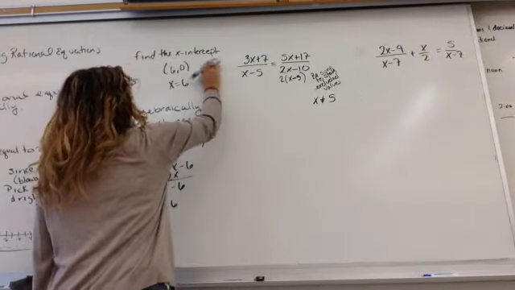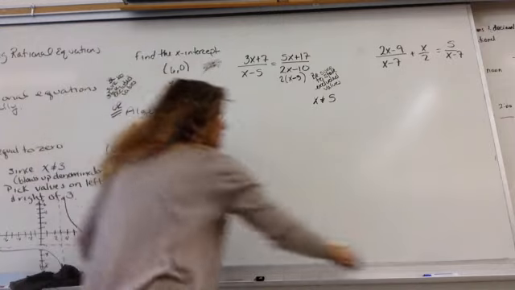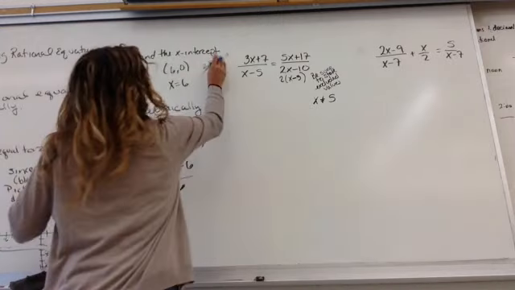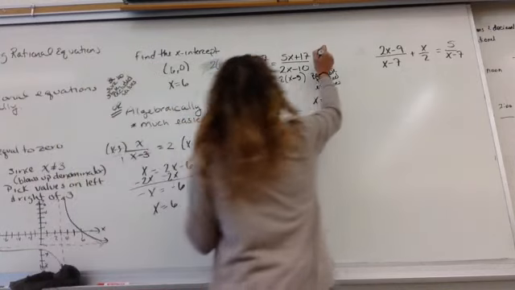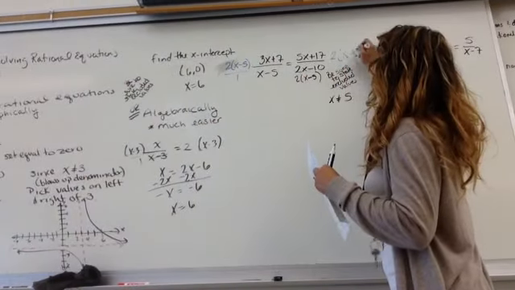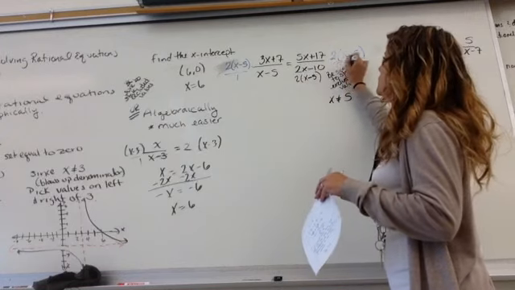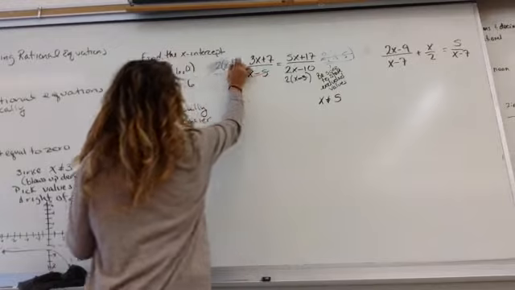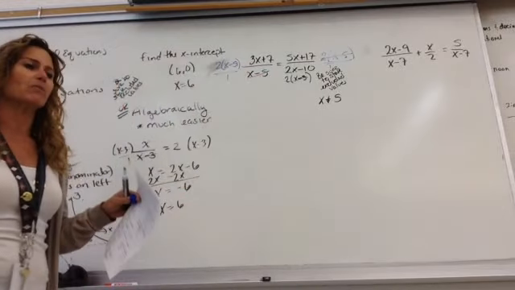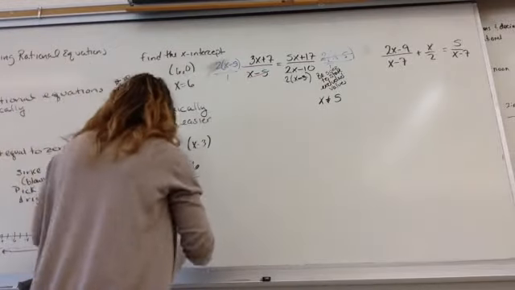Let me grab the blue marker. I'm going to multiply both sides by 2 times x minus 5, and this side, 2 times x minus 5. Now, this denominator cancels with this one, and this side cancels with this. As long as I'm doing the same thing to both sides, I'm not changing my equation.